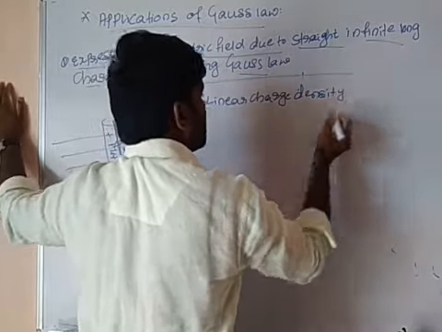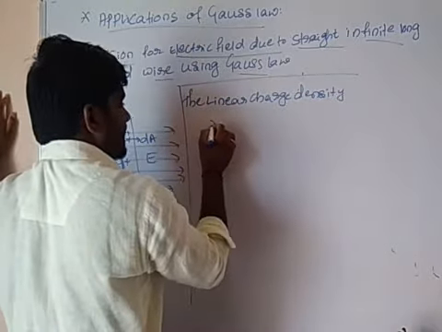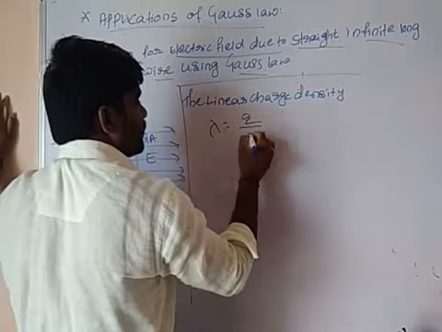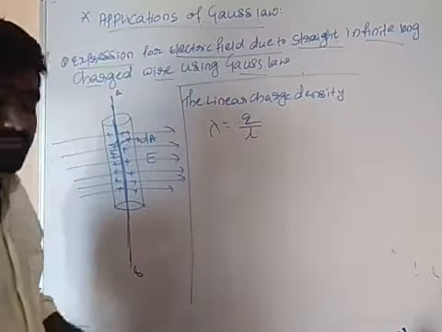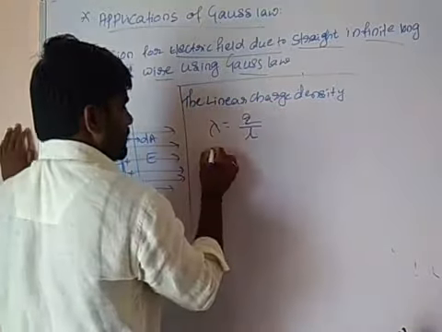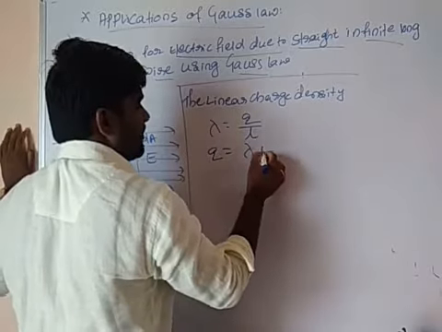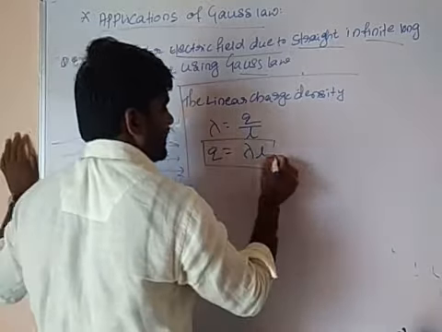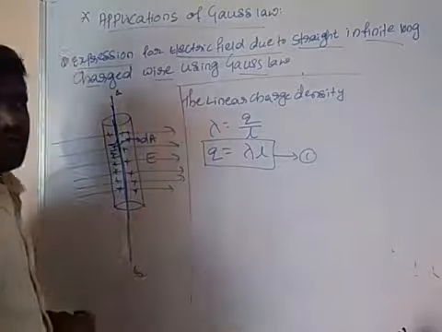The linear charge density is given by lambda is equal to Q divided by L, so Q is equal to lambda into L. Let us call this equation number 1.